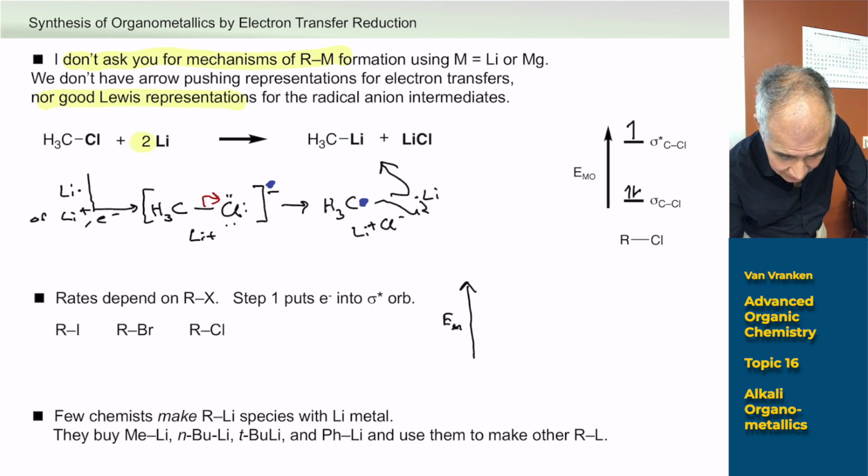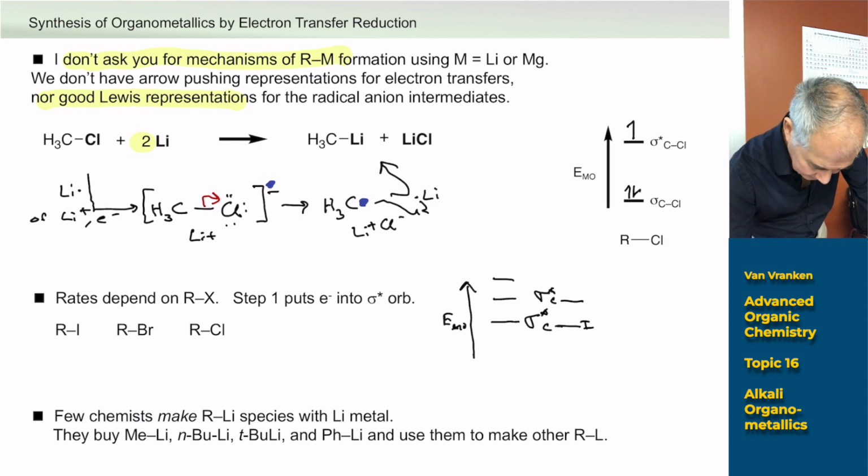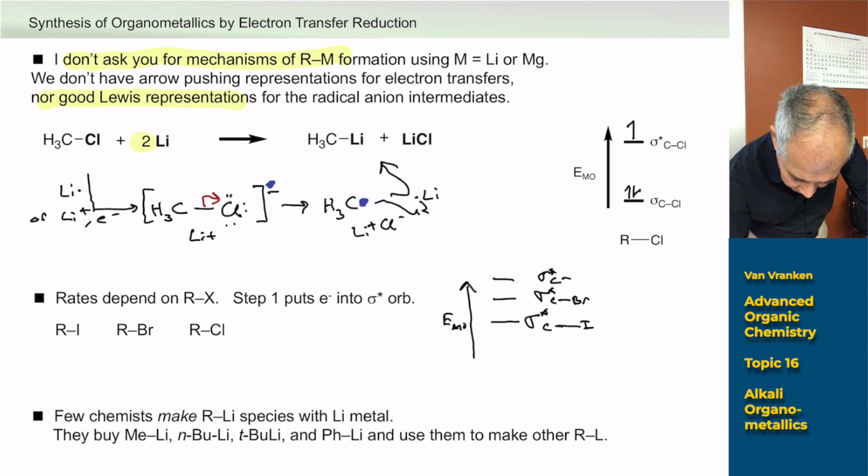So let me just remind you that if you look at sigma star, that's where the electron's going. If you look at the energies for sigma star for carbon iodine, let me draw that long bond there, sigma star for carbon bromine, and then sigma star for carbon chlorine.